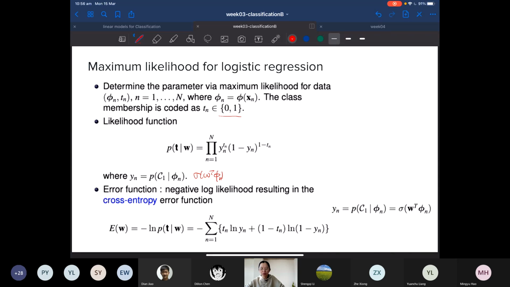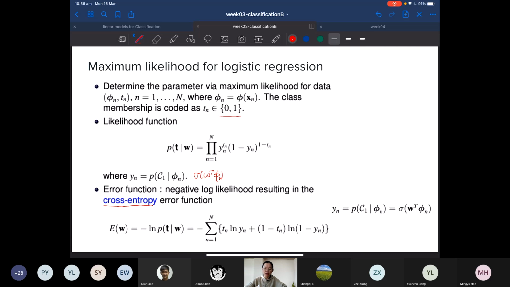So we proceed by taking the negative log of the likelihood function we see upstairs, which trivially expands to the sum over all data points of tn times log of yn plus 1 minus tn times log of 1 minus yn, with a negative sign. Again, this is a very often used objective function. It's called the cross-entropy error function.